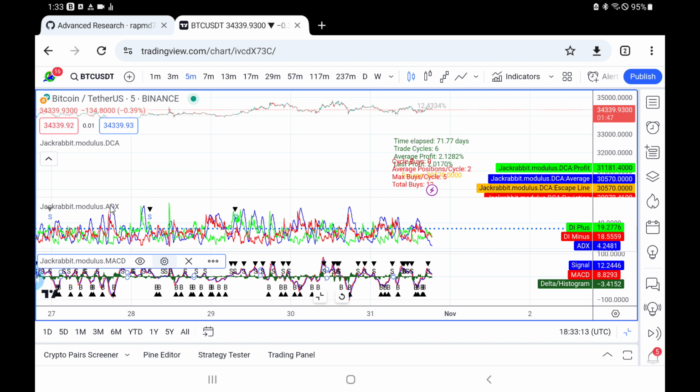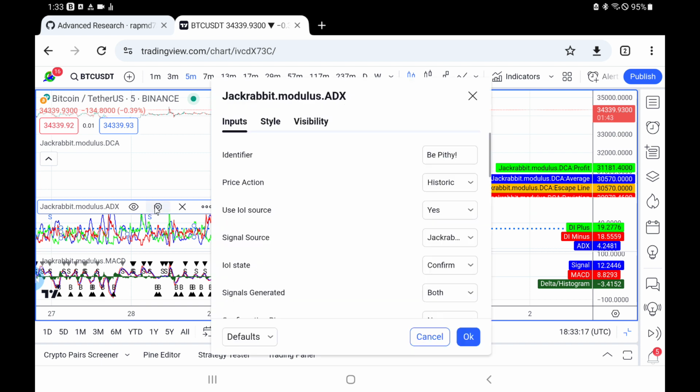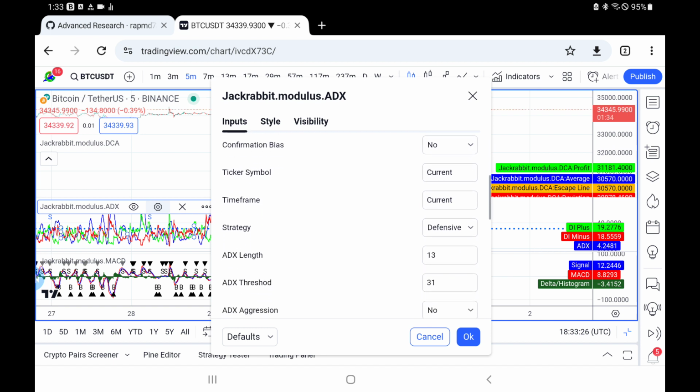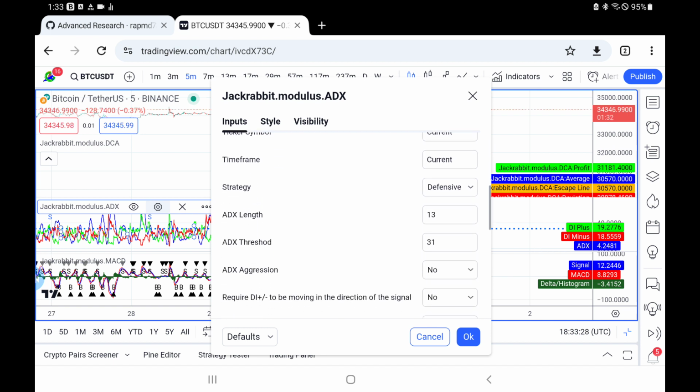Also a few minor tweaks, but overall it does extremely well. Now I've linked it to the MACD module. And again, using prime numbers, a length of 13, and a minimum threshold of 31. I don't want to capture every single possible trade.